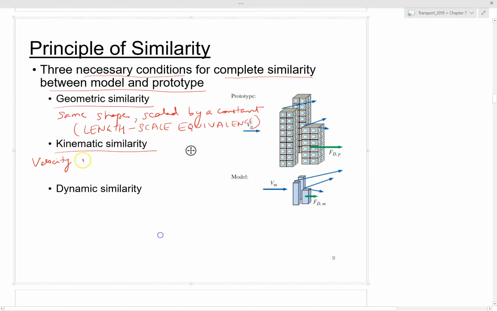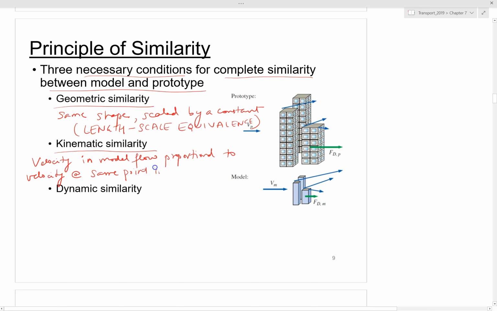So velocity in the model flow is proportional to velocity at the same point in the prototype, such that all you do is just find out the proportionality constant and apply it to the prototype.